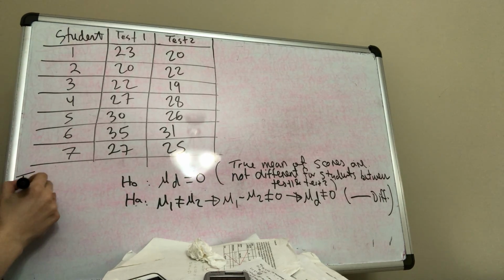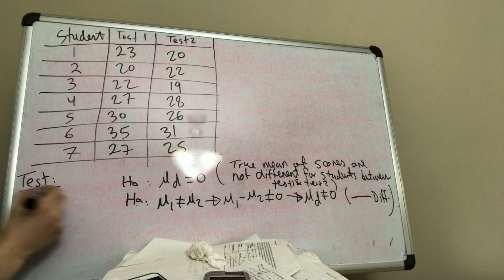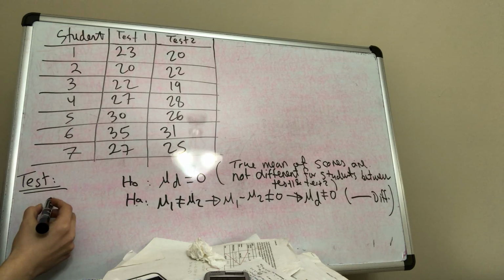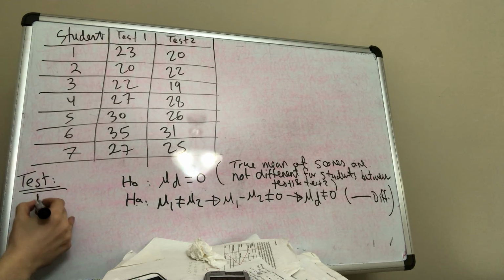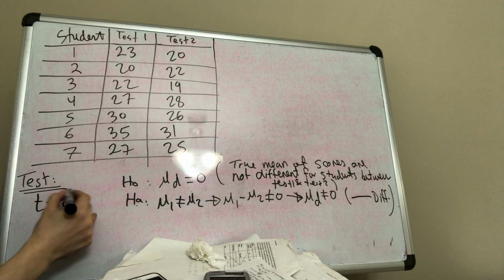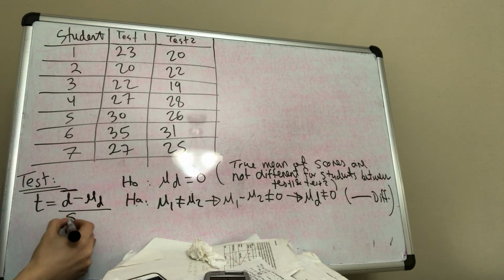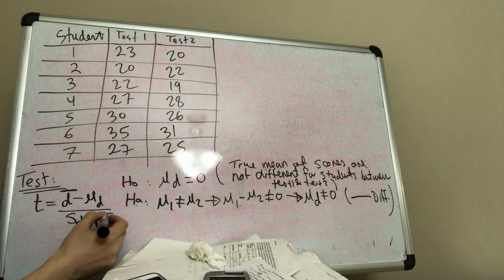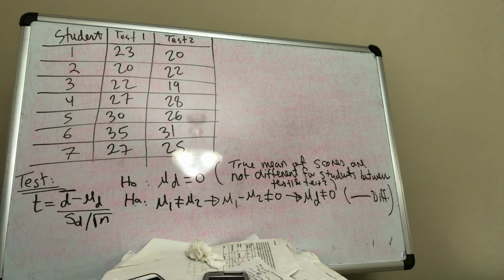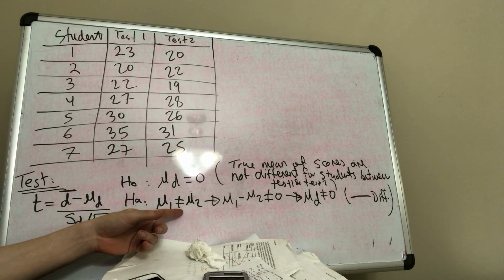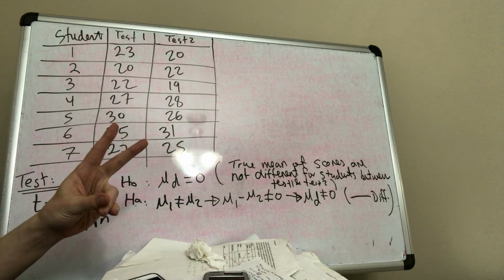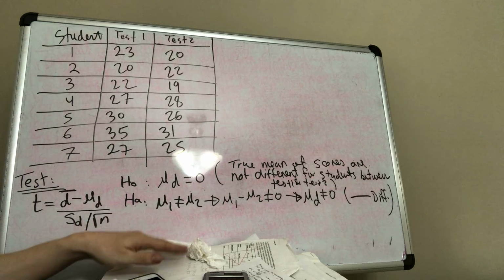Step 2 is determining what test to use. For this chapter, the test we use is d bar minus mu d over sd over square root of n. And I said it before, not equal would be an indication of a two-tailed system.